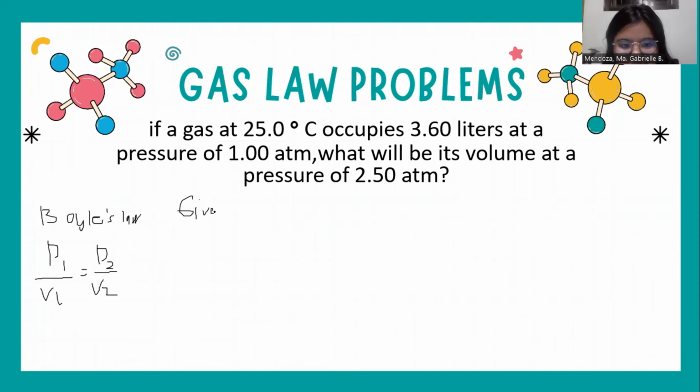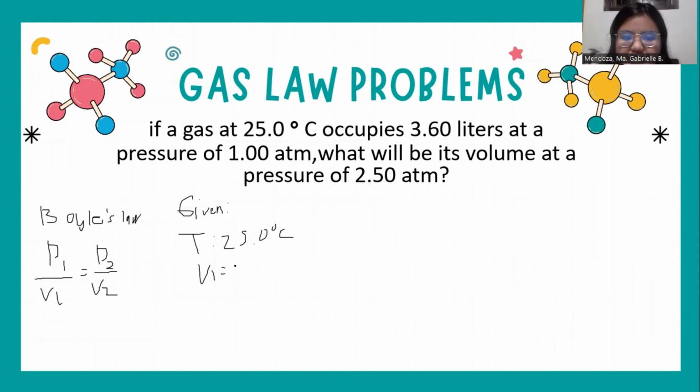Given. So, first, we have, syempre, lagyan na lang natin, no? Temperature is equivalent to 25 degrees Celsius. Next is the V1. So, the unit for volume will always be in liters. So, kung ml yan, you need to convert it into liters.